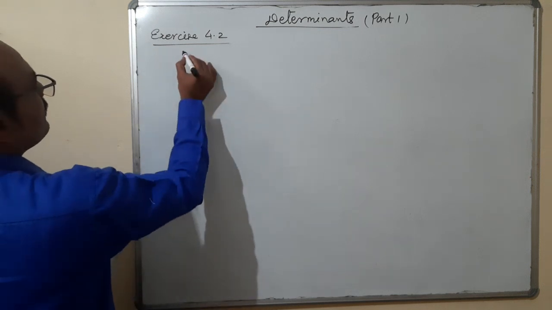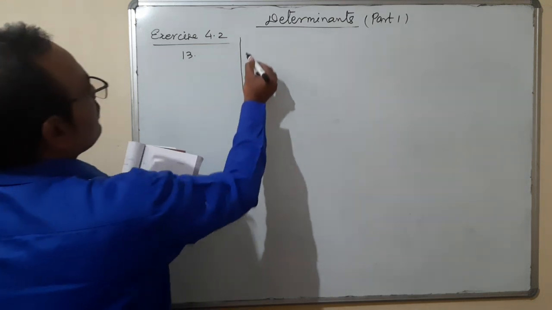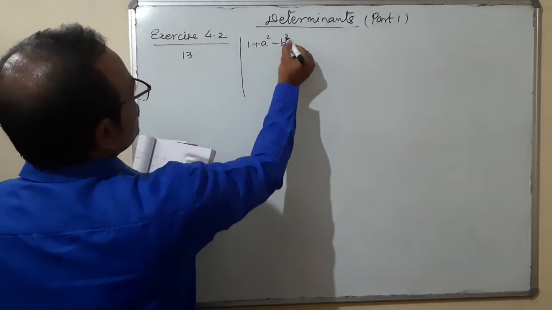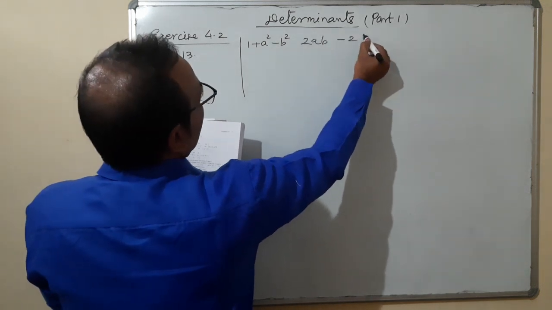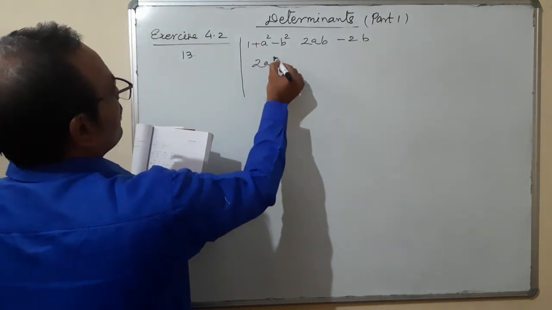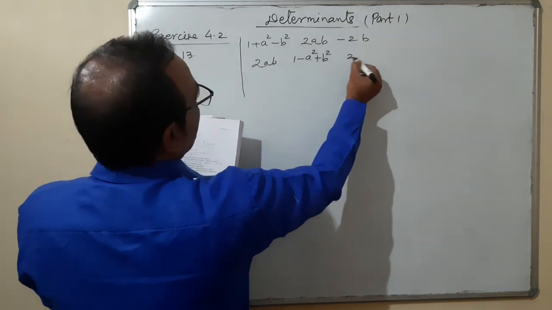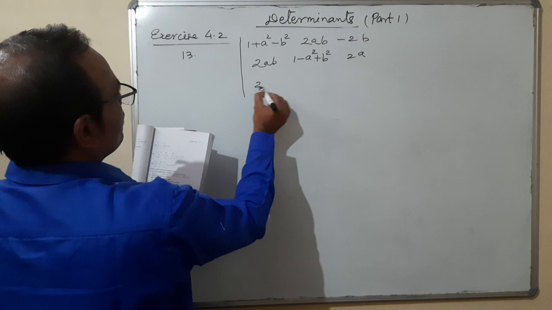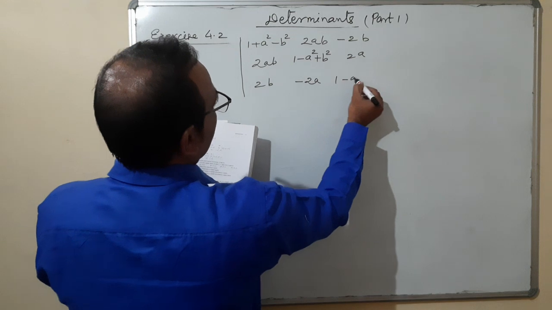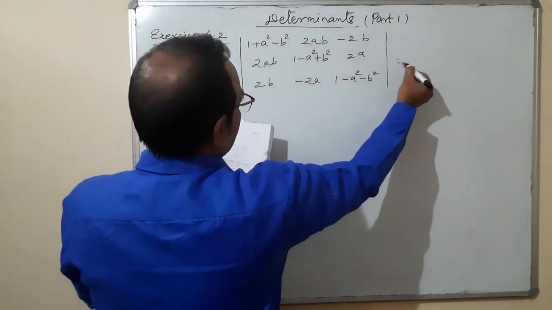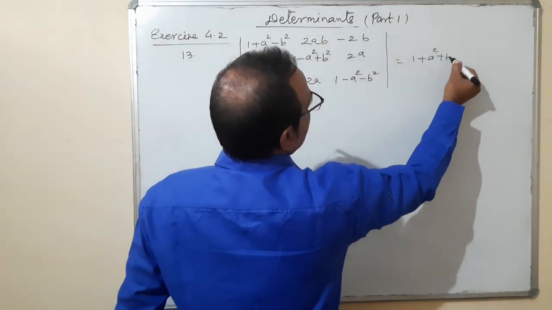Using the properties, 1 plus A square minus B square, 2AB, minus 2B; 2AB, 1 minus A square plus B square, and 2A; 2B, minus 2A, 1 minus A square minus B square is equal to 1 plus A square plus B square whole cube.